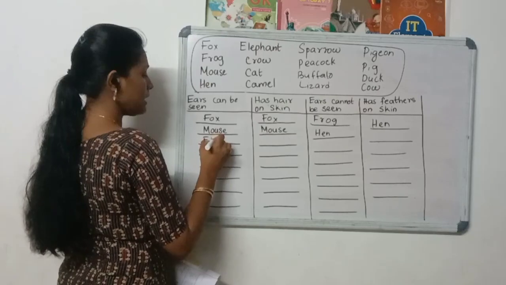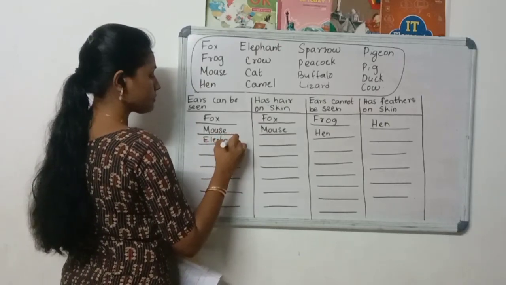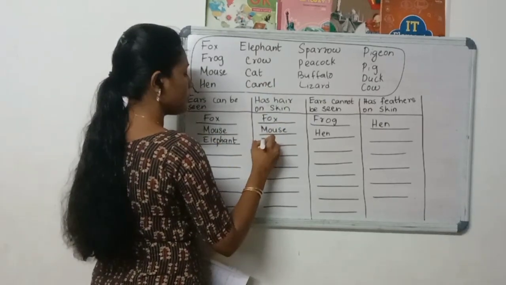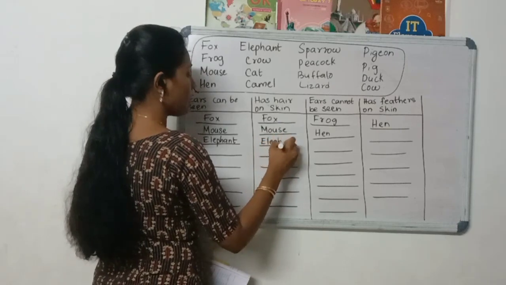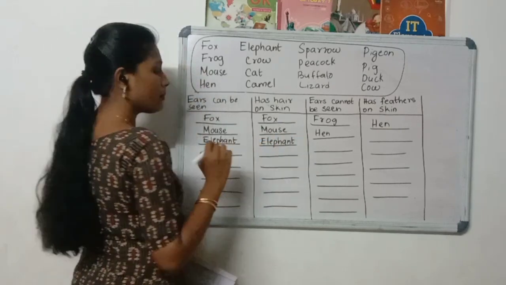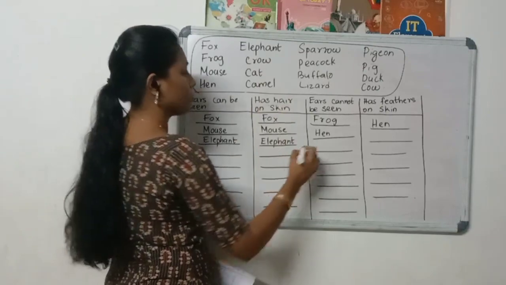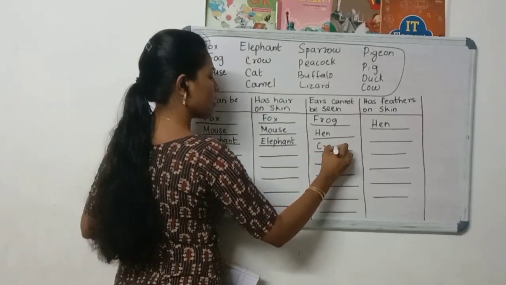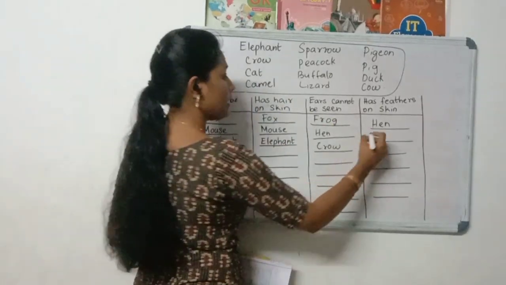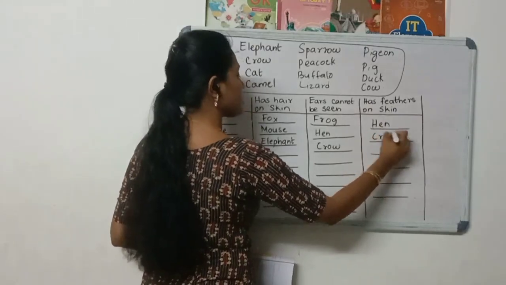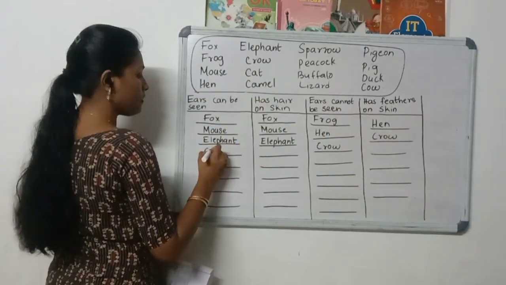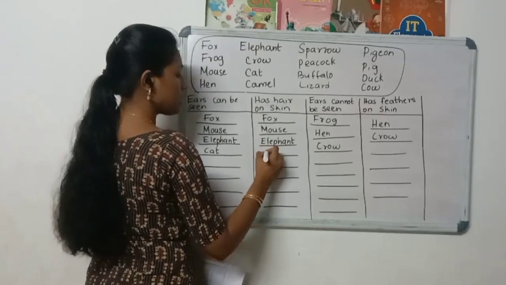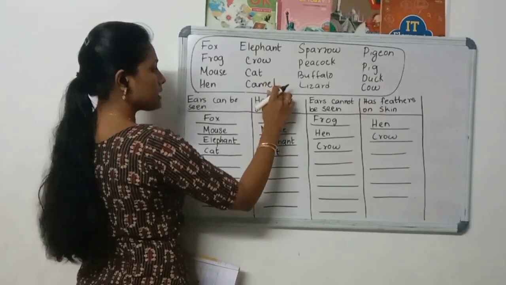We can see its ears and there is hair on its skin. Crow. We cannot see its ears and it has feathers. Cat. We can see its ears and it has hair on its skin.